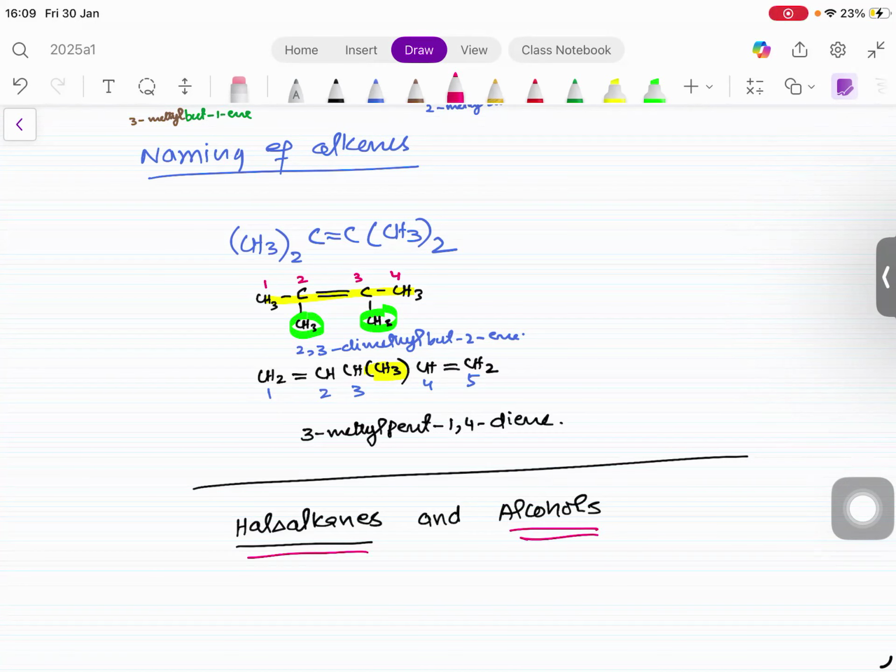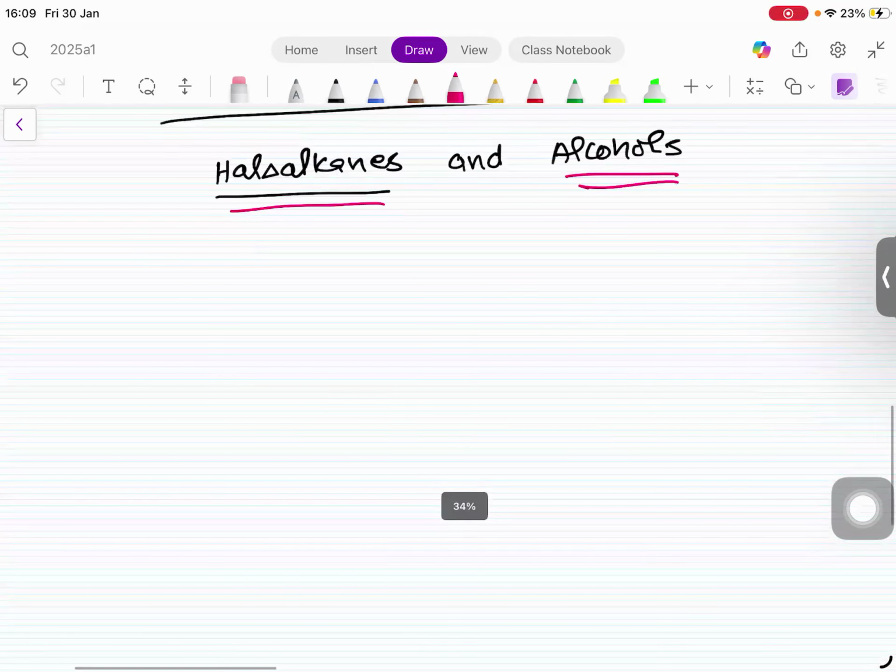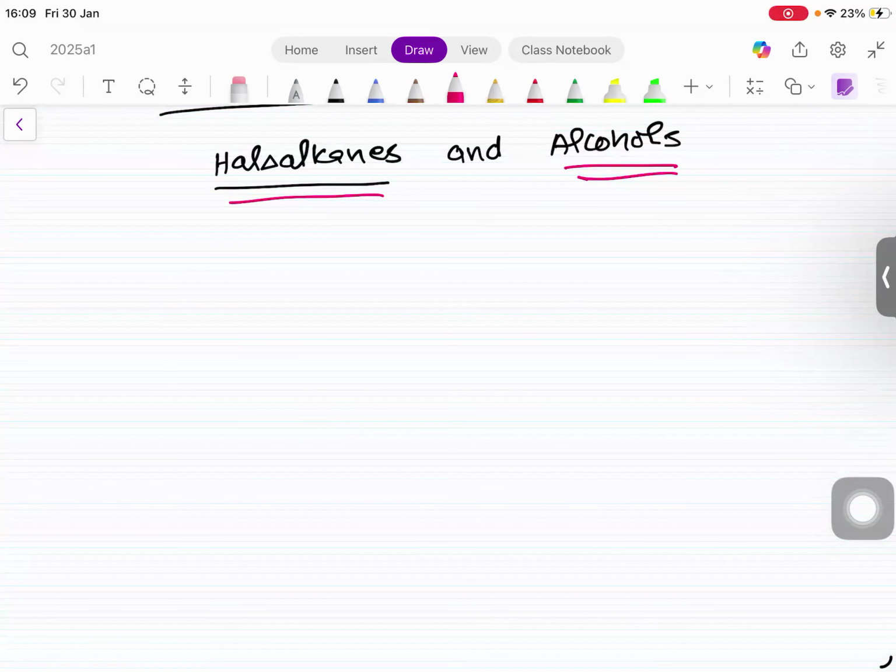Yes, sir. Okay, now look, there are two functional groups which we are going to do side by side just to make us quick: haloalkanes and alcohols. Now we are out of hydrocarbons, right? We have only two groups in hydrocarbons, alkanes and alkenes. Now the compounds which we are going to discuss contain one more element other than carbon and hydrogen.